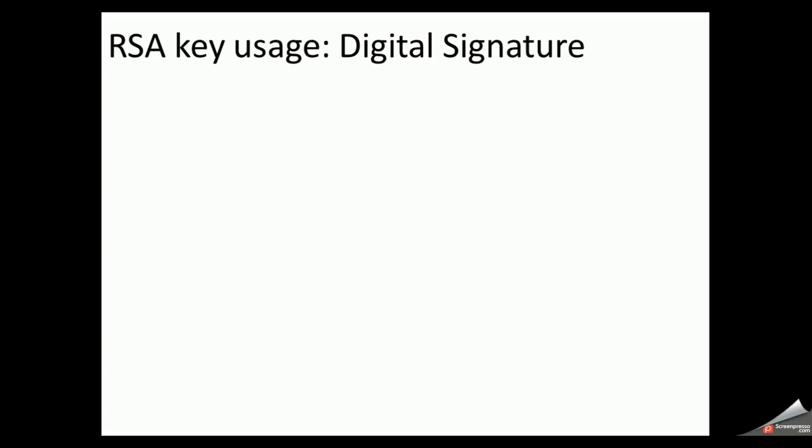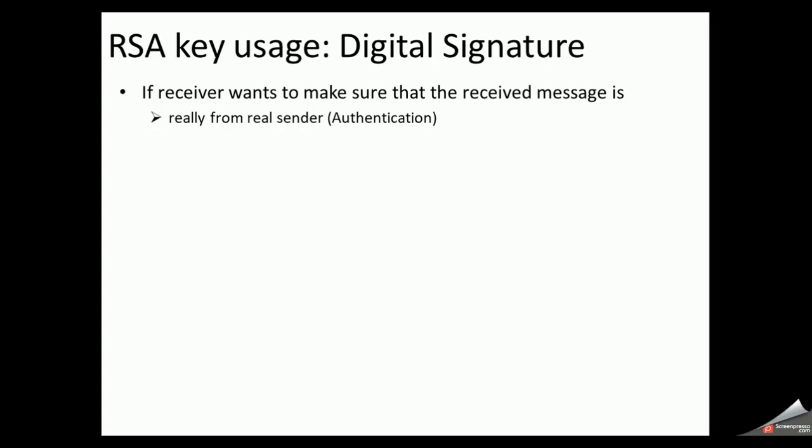Now the other most used case of these RSA keys is the digital signature, and how it works is, a receiver wants to make sure that the received message is really from the real sender, that is authentication. Like, you are receiving a message but you want to make sure that it is from the real sender or not, or someone is just trying to fake their identity and trying to be someone else.